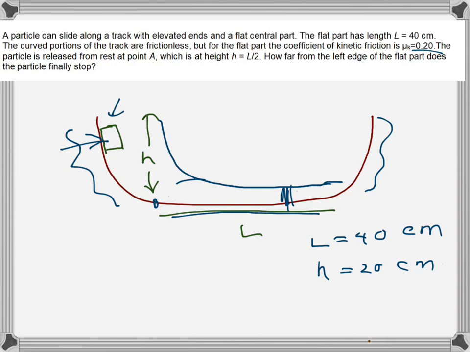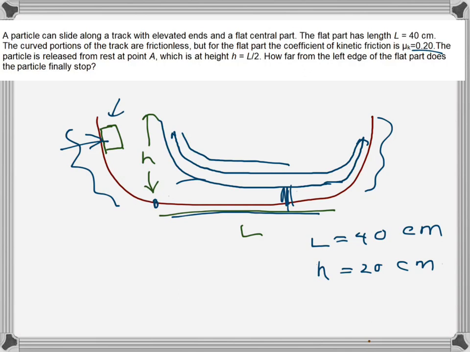As a result, it still has some kinetic energy, which will increase its potential energy, and it will go up to somewhere there, and then again come down, and again it may go up here and come down. So after 2-3 times it may stop. How to know that?